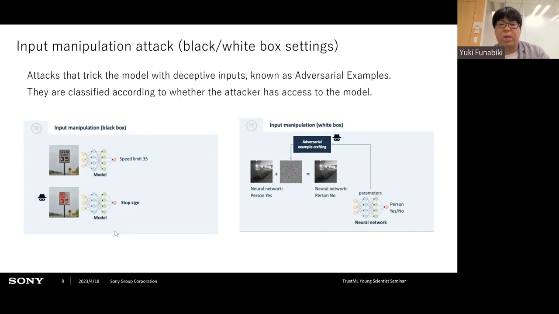But on the other hand, on the developer side, we can impersonate the attacker. So how to say that? Like offensive security, we can test our model as a white box hacker, and we can apply a stronger defensive approach to our model, and it means the model will be very robust against such attacks.